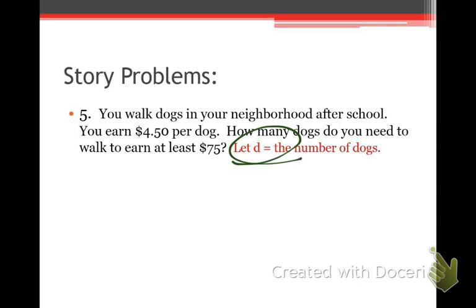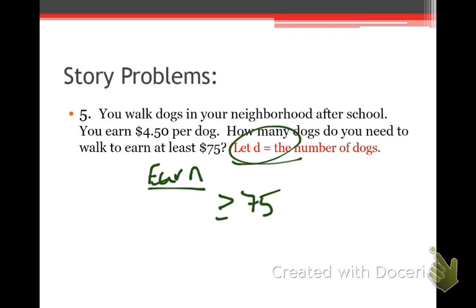Right? You want to earn at least $75. Are you okay earning more than that? Yes. Sure you are. I hope so. Right? That means you have to work extra. So that means that whatever you earn needs to be greater than or equal to $75. How do you figure out how much you earn?